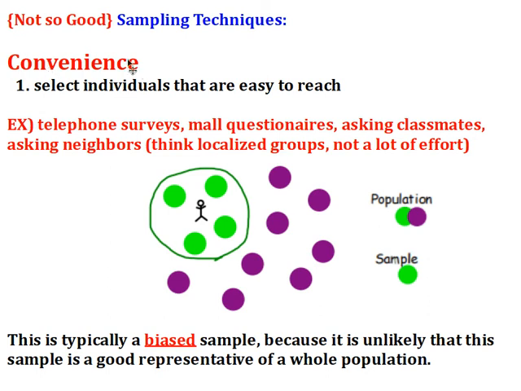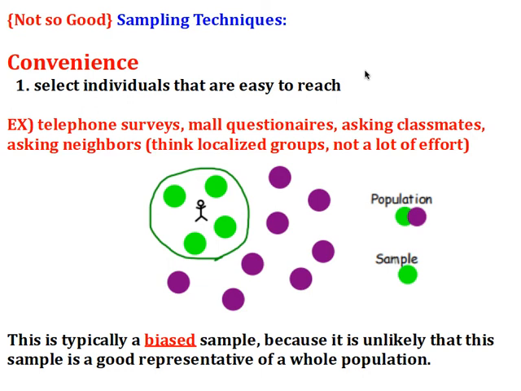So convenient sampling is where you select individuals that are easy to reach. This might be telephone surveys, mail-in questionnaires, mall questionnaires where somebody just grabs you as you're walking by and is like, hey, what do you think about the new Jordans? Or hey, what do you think about the new Beats?